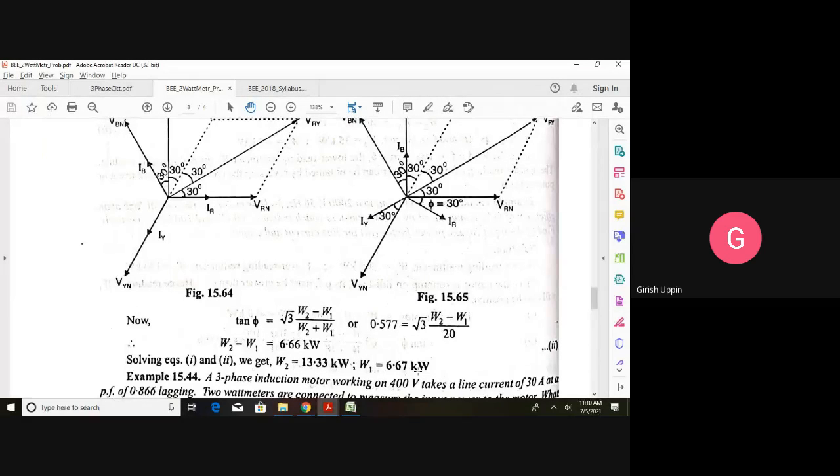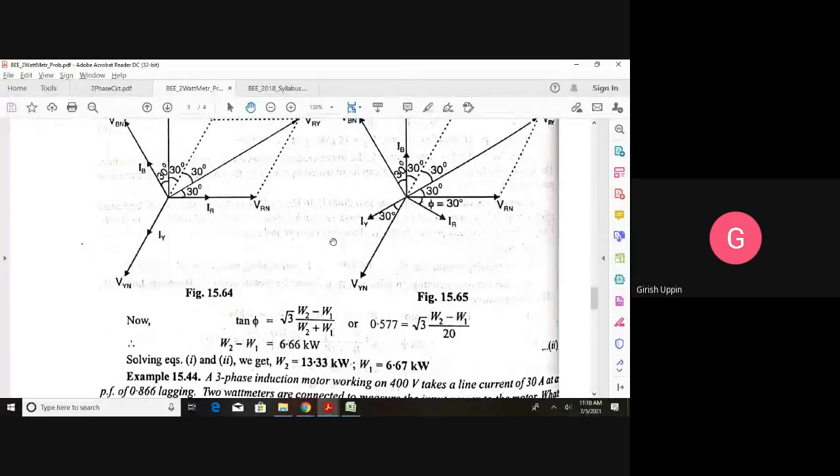Now you can see there is a change in the wattmeter reading because the power factor has been changed. Earlier both the wattmeters were reading how much? 10 kilowatt and 10 kilowatt. That is this scenario. When the power factor is changed to 0.866, it means initially it was a resistive load and slowly it is changed to an RL load.